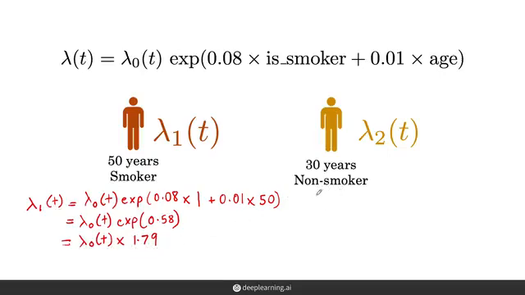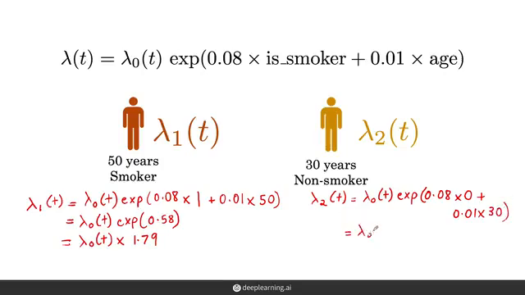And we can do the same for patient 2. So the hazard for patient 2 is going to be the baseline hazard times the exp of 0.08. Now this patient is not a smoker, so we'll have here a 0, and then we'll have plus 0.01 times their age, which is 30.